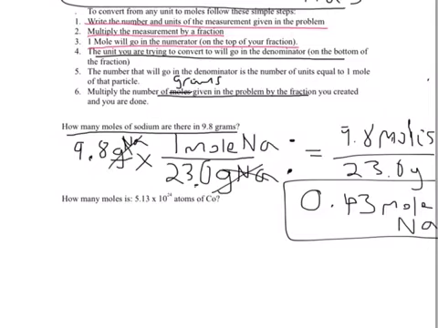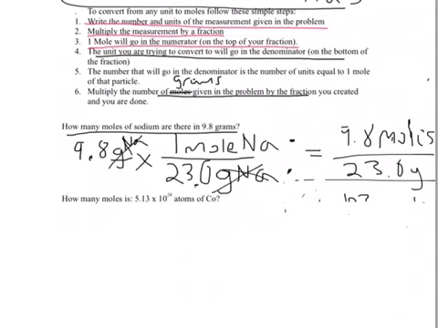Okay, the last problem, as an example. Let me erase this just to get a little bit more space down here. My last problem says how many moles are in 5.13 times 10 to the 24th atoms of cobalt.